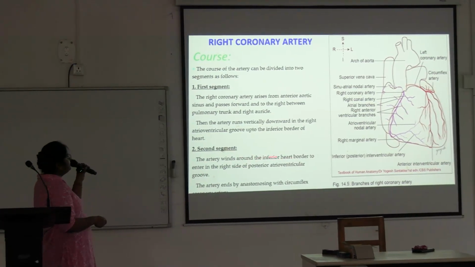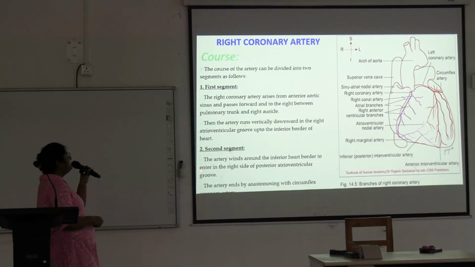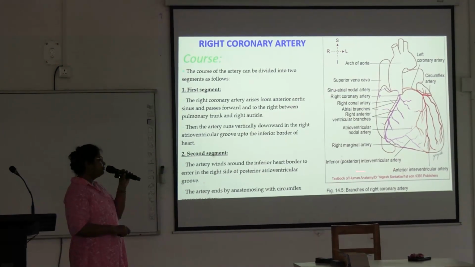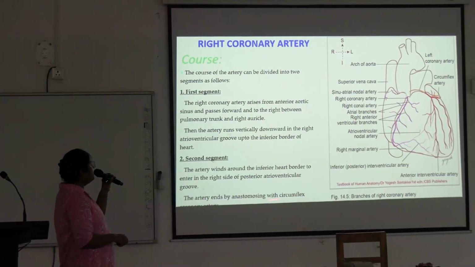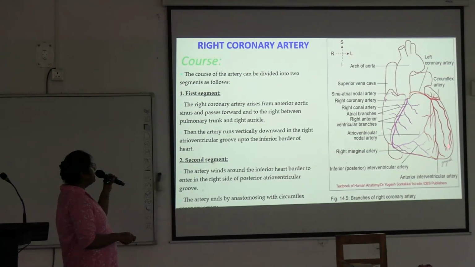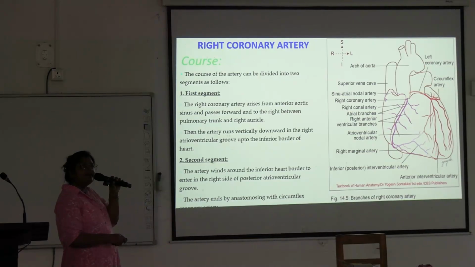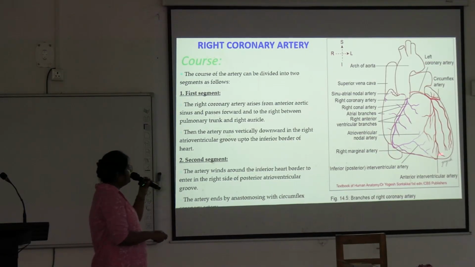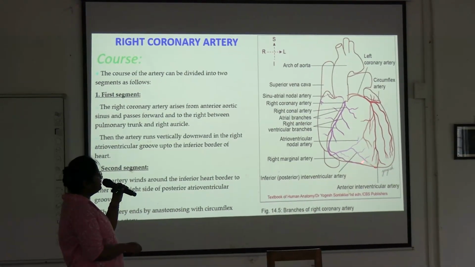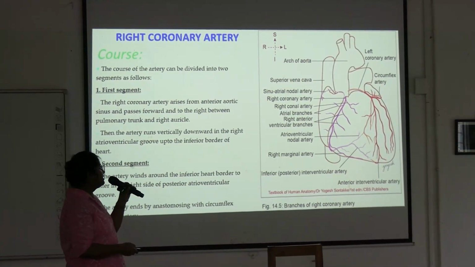The artery winds around the inferior heart border to enter the right side of the posterior atrioventricular groove, and the artery ends by anastomosing with the circumflex branch of the left coronary artery. Here the anterior interventricular artery is anastomosing with the posterior interventricular artery.